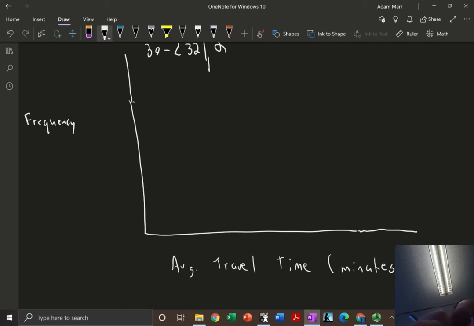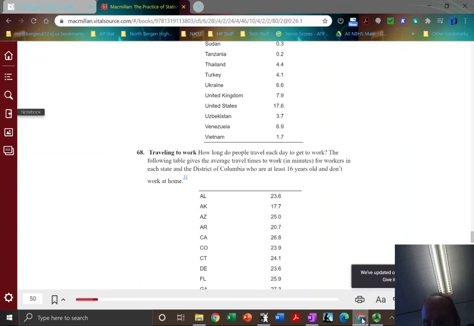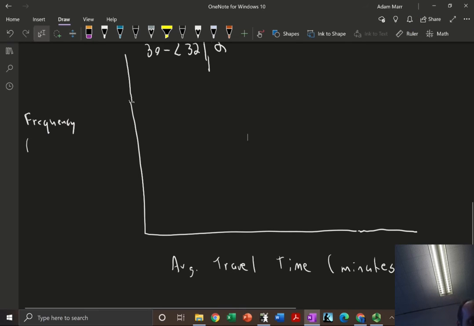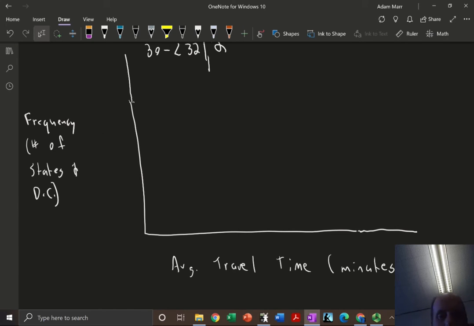Left right there is just going to be frequency, and our frequency here is the number of states and District of Columbia. Okay, cool. So no problem.